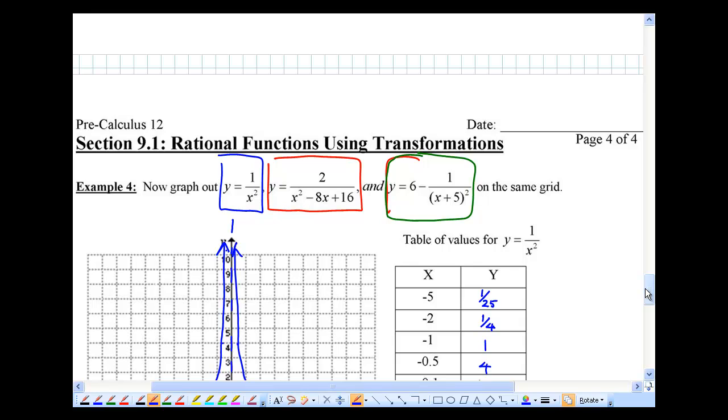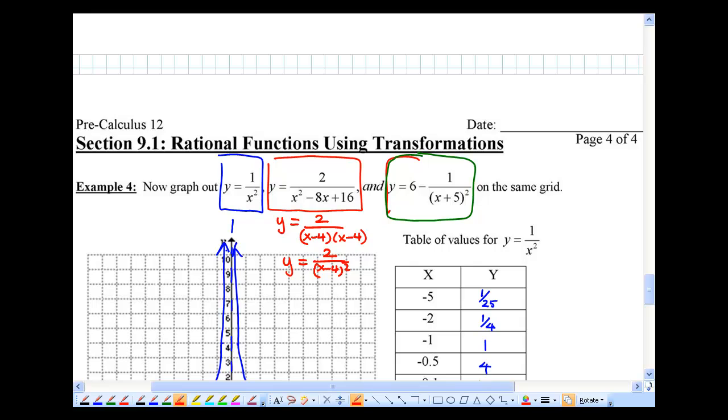I hope you can. Two numbers that multiply to 16 and add to -8. Yeah, it's x minus 4. So this is the same thing as 2 over x minus 4 times x minus 4. Well, what is that? That's y equals 2 over x minus 4, all squared.